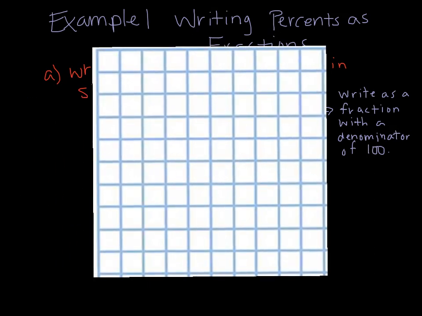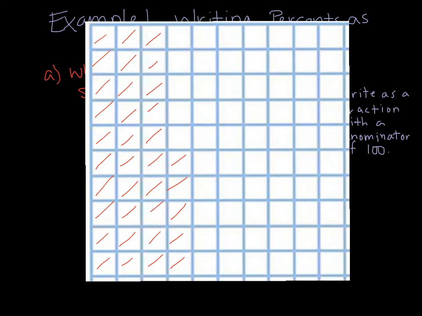I'm going to count out 35 units. And if I count out my 35 units, that means I'm representing 35 out of 100, right? So I'm going to count them, and when I get to 35, it'll be a good representation of what I mean. So all this area here would completely be shaded in.